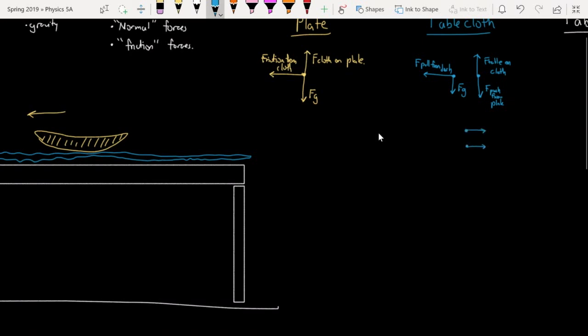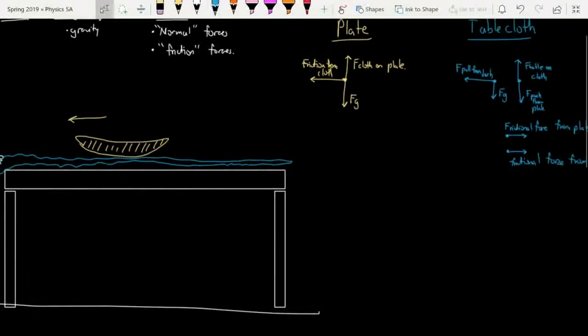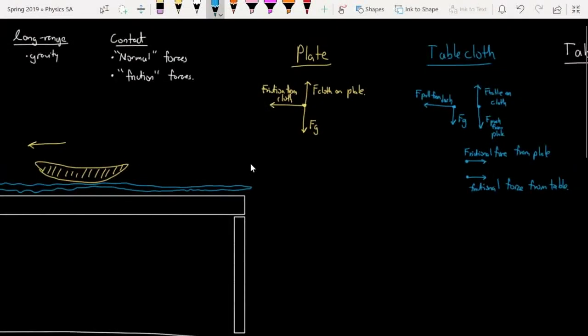And this is actually going to be the frictional force. Frictional force from, let's say, the plate. And this one's going to be the same thing. Some frictional force from the table in this case, right? So again, these are very unmathematical, non-detailed ways of thinking about it.